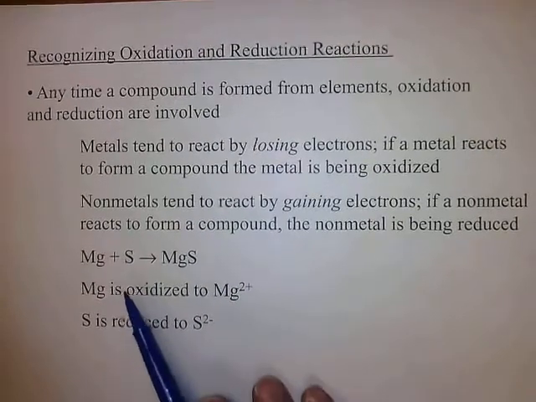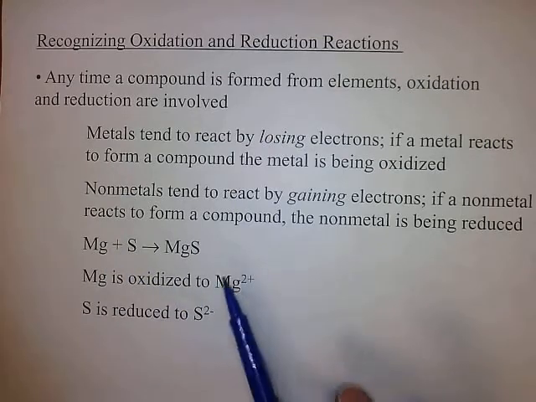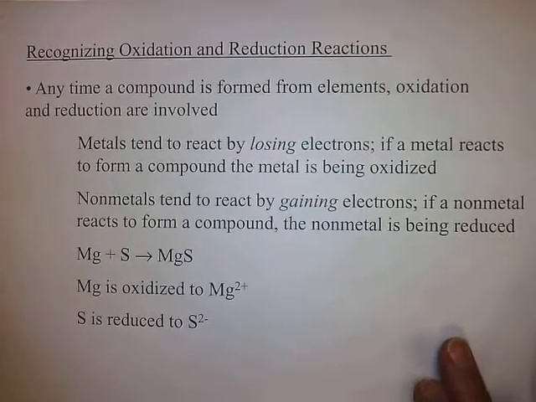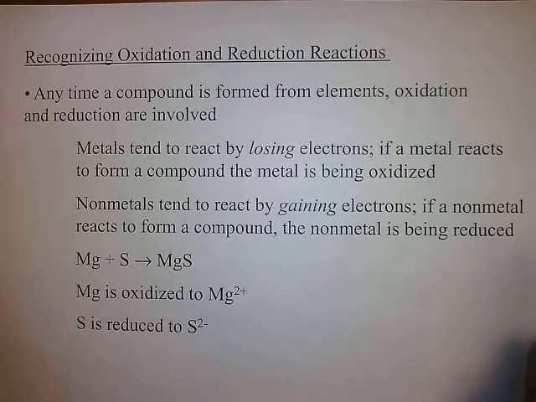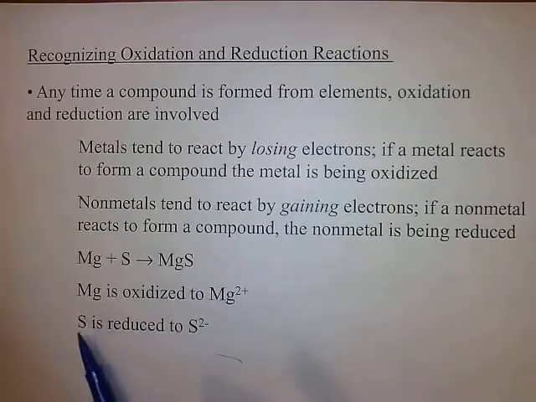So the magnesium is going from magnesium metal to magnesium 2+ ion. Okay, that's an oxidation. And the sulfur is going from elemental sulfur to sulfur 2-, and that is a reduction.